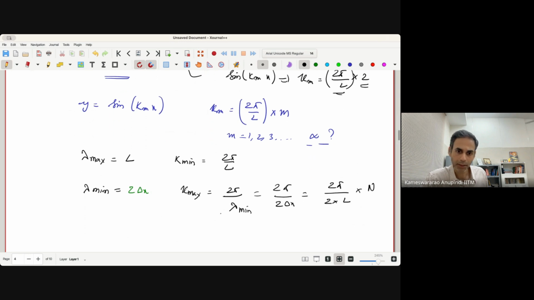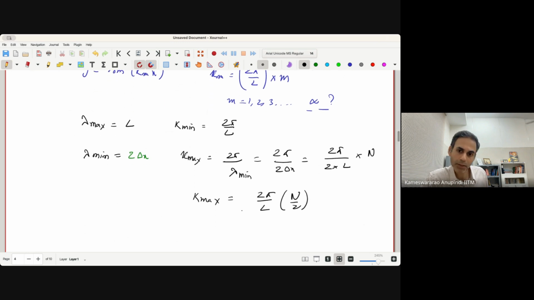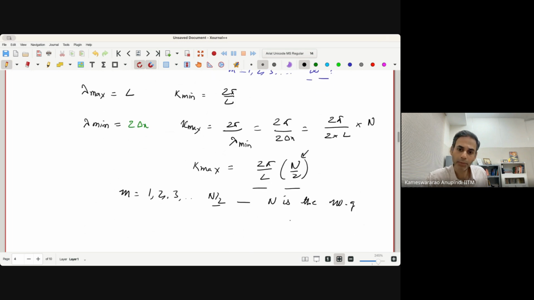Then I can write this as k max equals 2 pi by L times N over 2. So the maximum wave number I can have is only N by 2, right? So m can go from 1, 2, 3 all the way to N by 2, where N is the number of grid points.